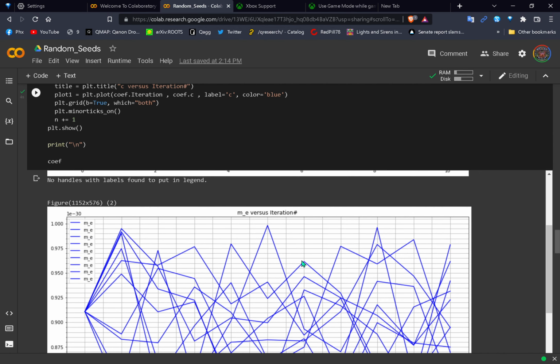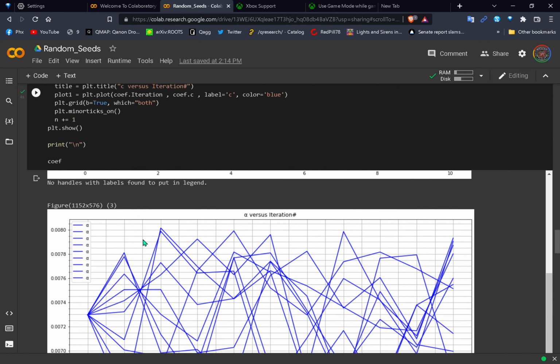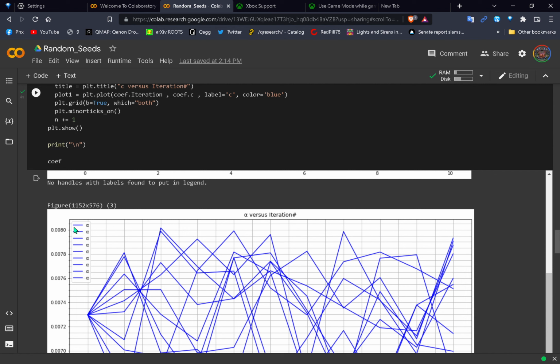The mass of the electron is 0.9 something times 10 to the minus 30th kilograms. Alpha, the fine structure constant, is 0.007 whatever here. Eventually I can have a different color for each case, each run.